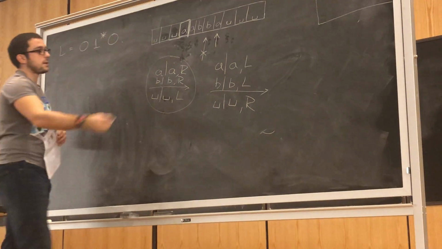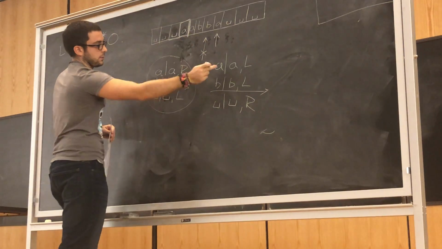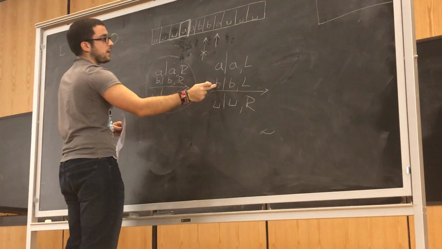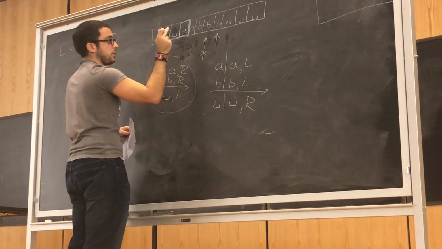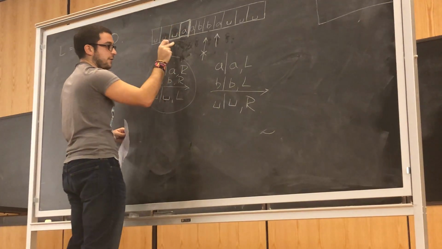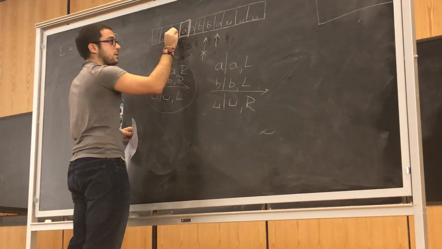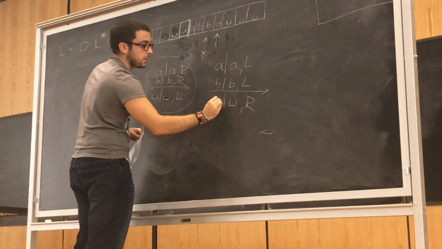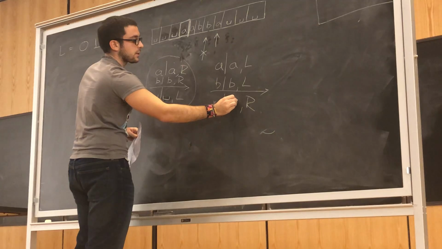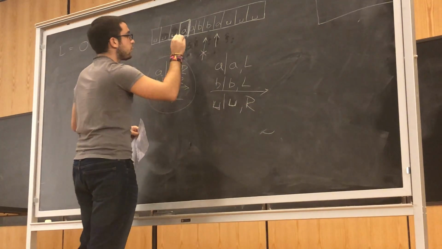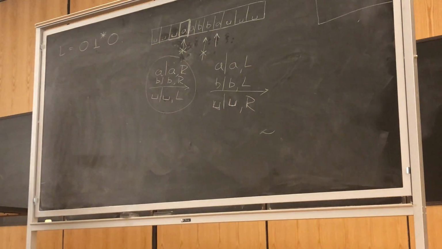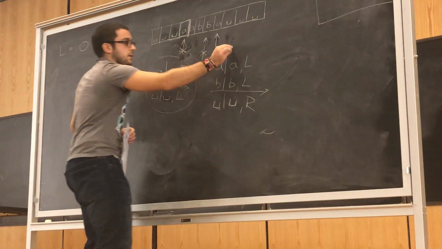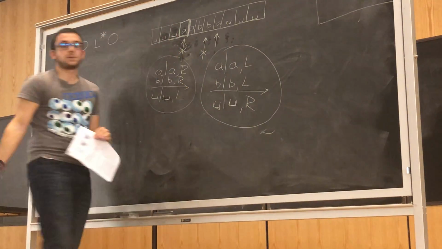If it sees an A, it will move to the left. If it sees a B, which is here, it will move to the left. B to the left, A to the left, A again to the left, and when it sees the empty string, it will stop. It will write the empty character again, and it will move to the right. So this row just finds the start of your input string.